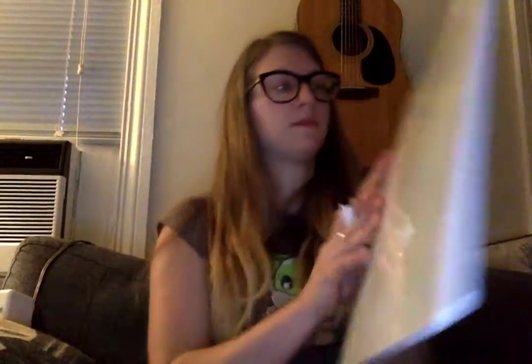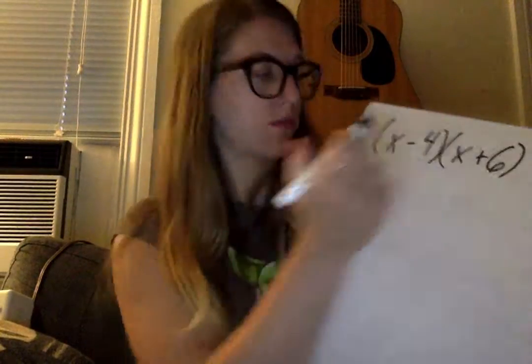I give you one to try. And this one I want to do because it involves different signs. So this one is x minus 4 times x plus 6. So we're going to swoosh, swoosh.